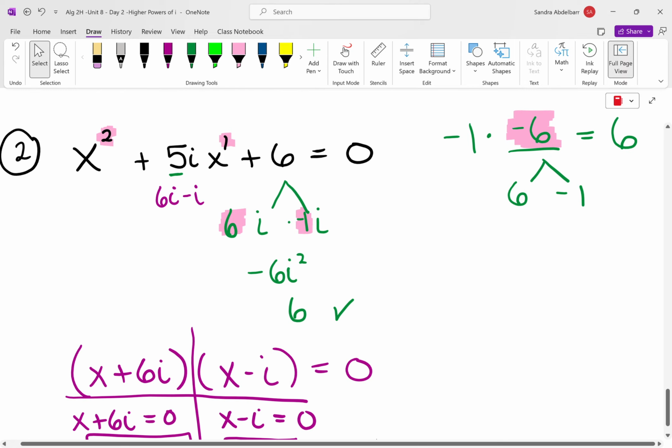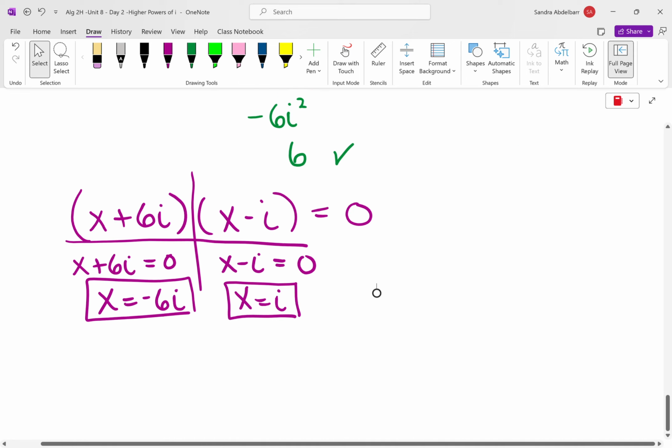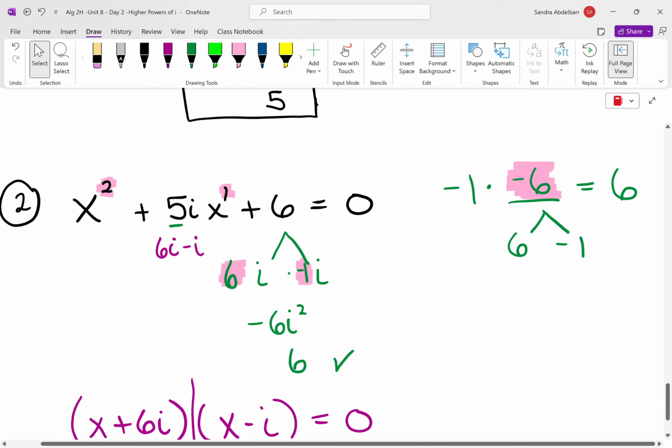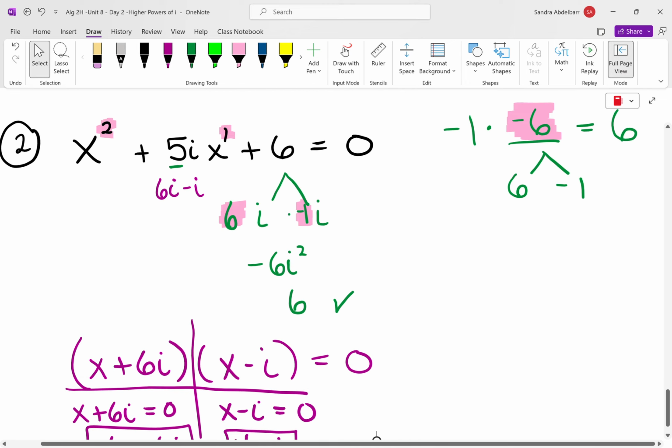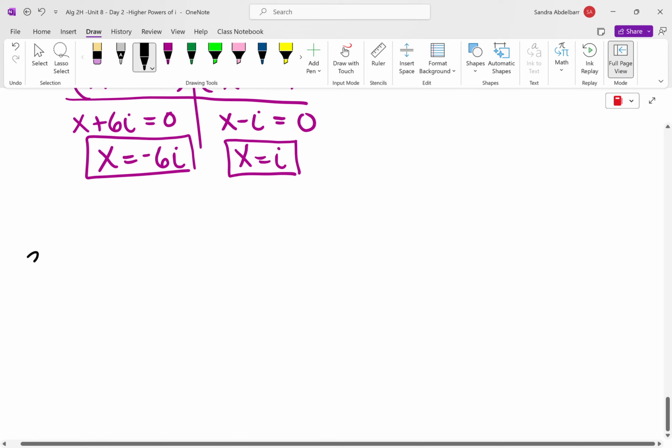Do we have to check? Nope, you only have to check when there is a radical, like when it's a radical equation, or what's the other scenario? Variables in the denominator. Those are the times you check. Okay, next one.